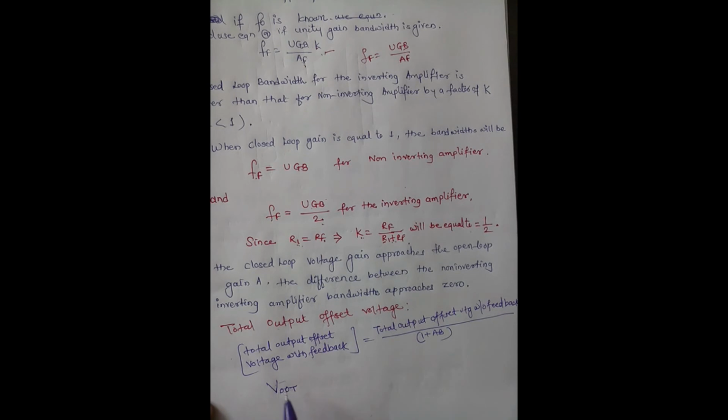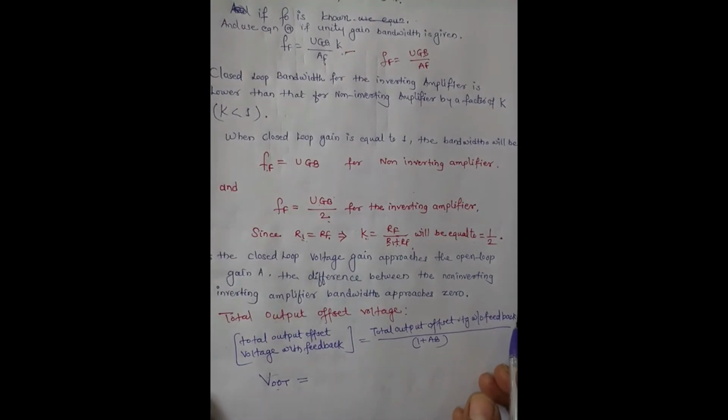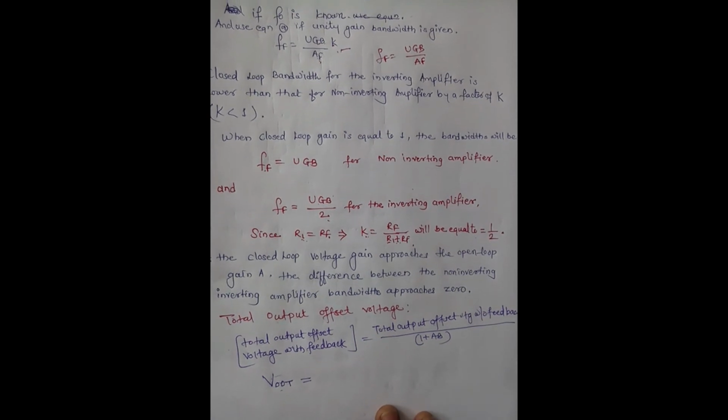Total output offset voltage without feedback may be either the positive or negative saturation. It is nothing but the possible output voltage that can be produced by the open loop op amp, which is either the positive saturation or the negative saturation.